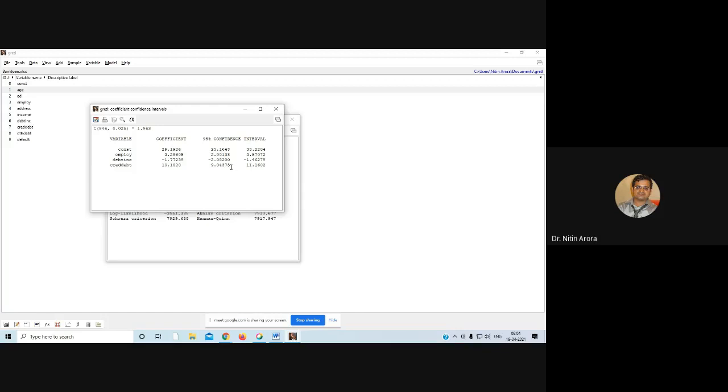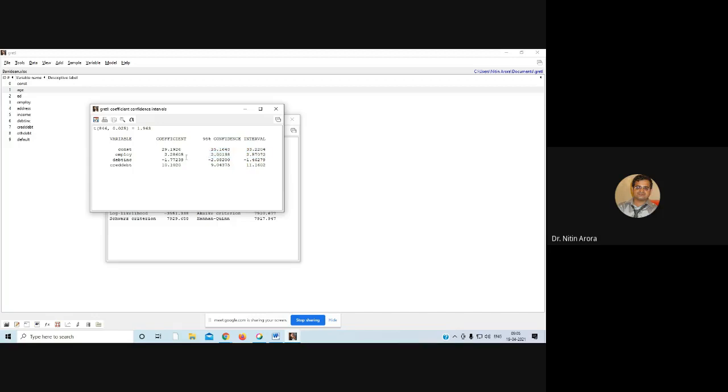So when this includes zero, your coefficient will be statistically insignificant, because zero can be taken as one of the values of your coefficient. It means your coefficient doesn't significantly differ from zero. In this example, all the coefficients differ significantly from zero, because no confidence interval contains zero.